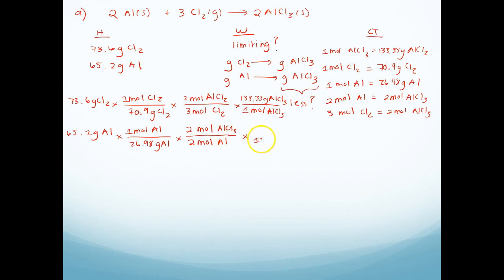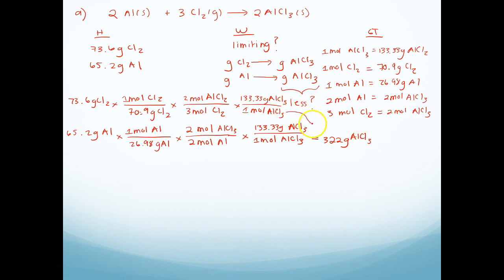And for every 1 mole of aluminum chloride, it's going to weigh 133.33 grams. So aluminum chloride, right? And when we calculate those out, for the top, I'm sorry, for the bottom, we get 322 grams of aluminum chloride.